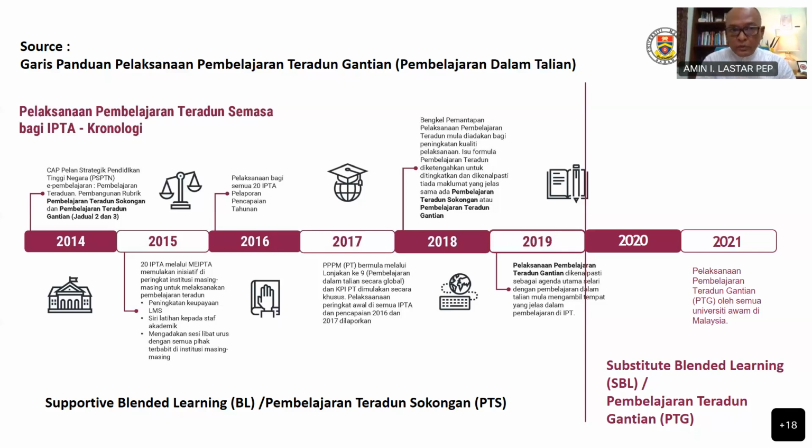We managed to push it, to postpone that, because PEP understands that UMS is not ready with PTG. In fact, we also have that question: can we stick with 1732? Yes, you can, for certain courses only. So we are moving towards this PTG. PTG is 40, 40, 20. Okay, next slide from here, Zul.